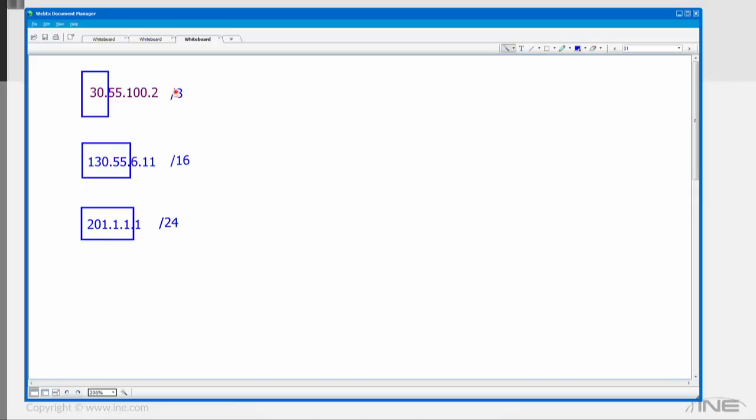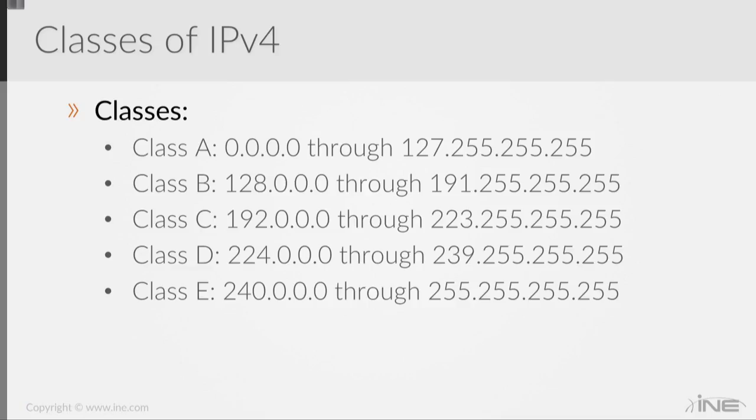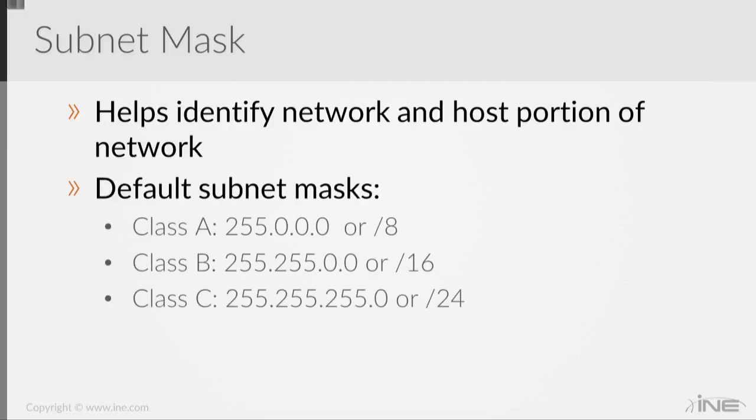So these are what are called default or classful masks. Classful masks because they're not breaking the classful boundaries here. And that's what we see here on this slide. The default subnet mask for a class A is a /8 or 255.0.0.0. You say, wait a second, how do we get 255 out of that?